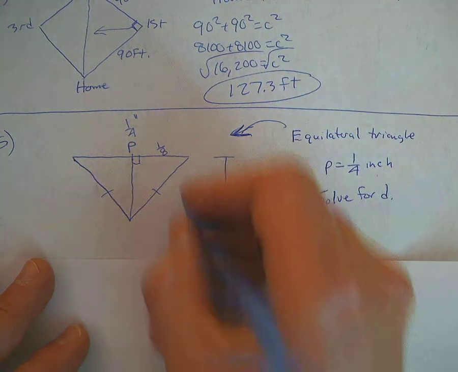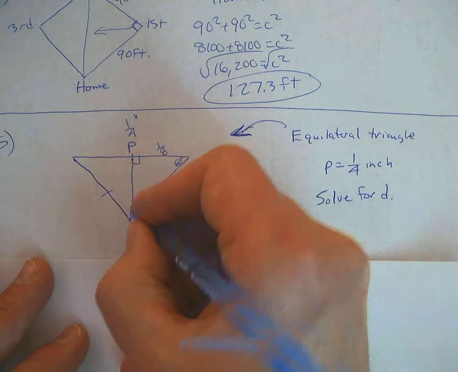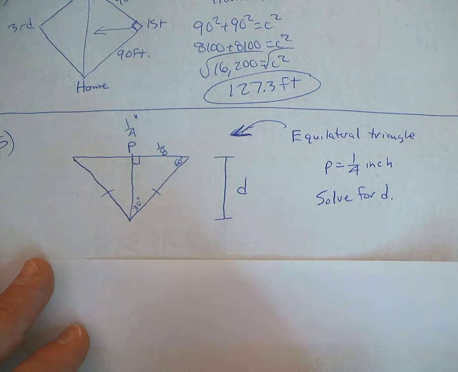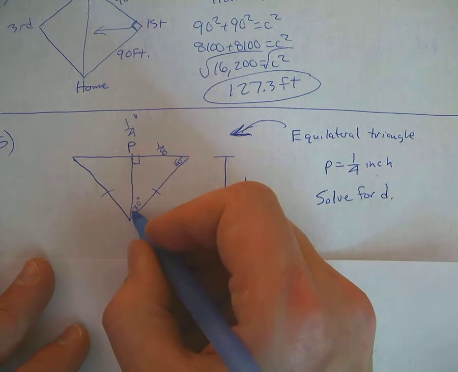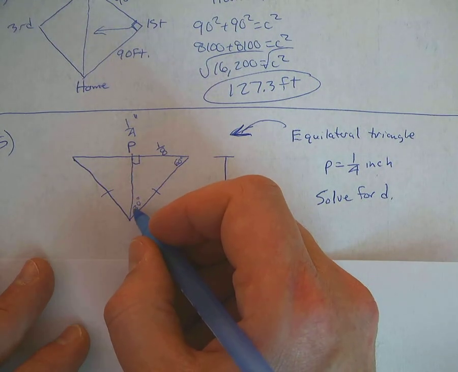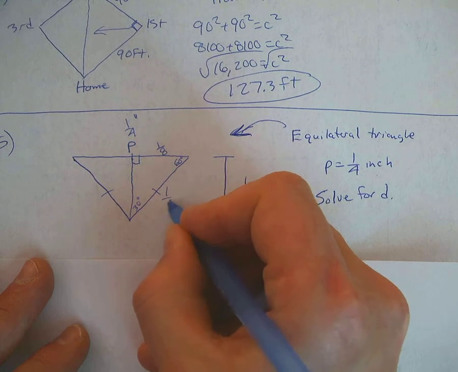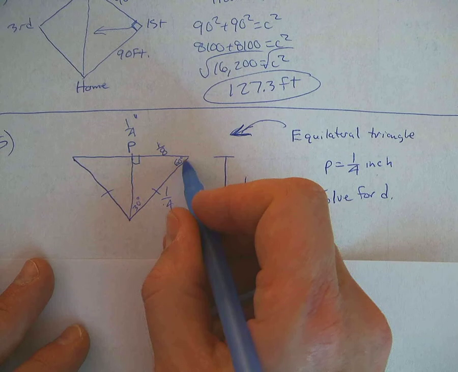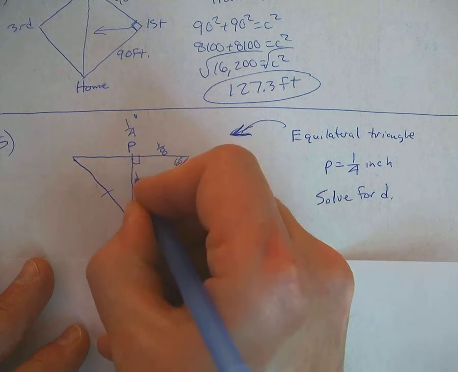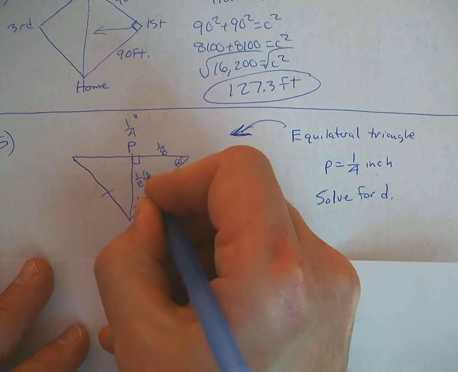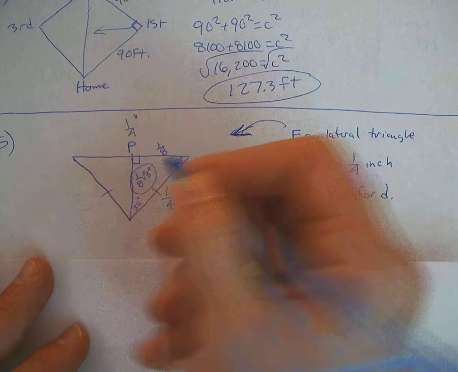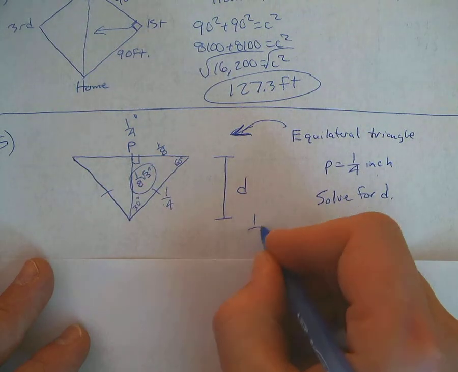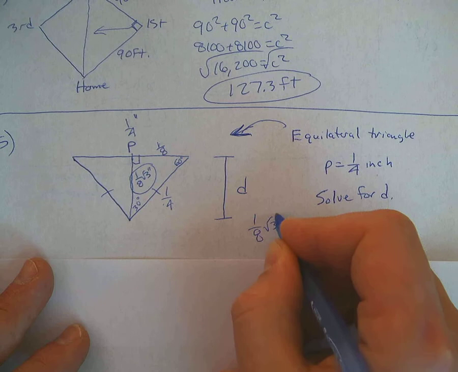And I know in an equilateral triangle, these are 60. So that's 60, that's 30. I know this side is also 1/4. This is going to be a 1, 2, square root of 3 triangle, so this is going to be 1/8 times the square root of 3 inches. Just leave it like that, 1/8 times square root of 3 inches. That's your answer.